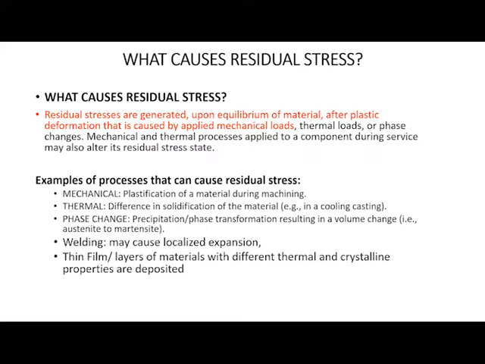And some of them are much shorter putts, so to speak, like phase change. We're pretty good at that. Thermal, we're not too bad at that. Welding, we have an understanding of that. It's the mechanical and the thin film where we really are struggling.